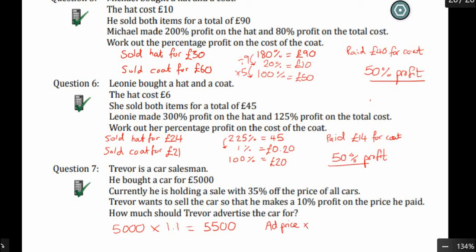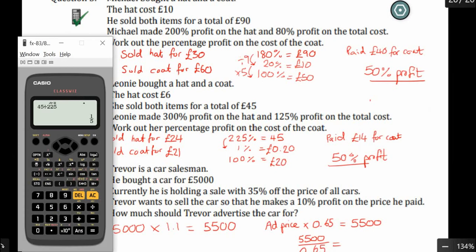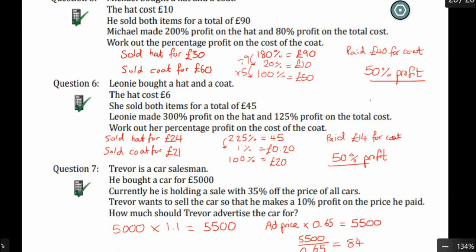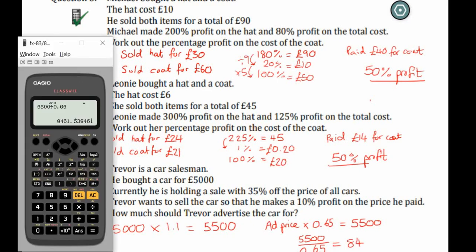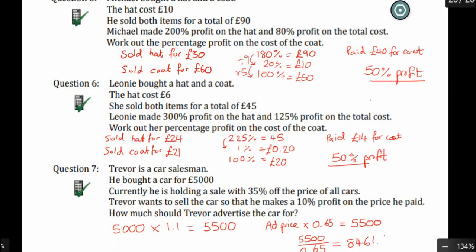Now, how would you decrease by 35%? You would find 65%. So that's our equation. We want to divide 5,500 by 0.65. What does that give us? £8,461.54. It's not a very nice amount.